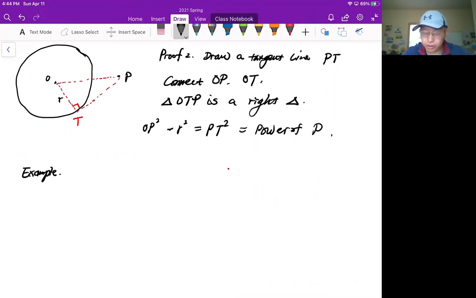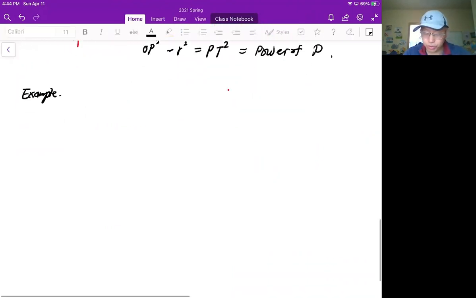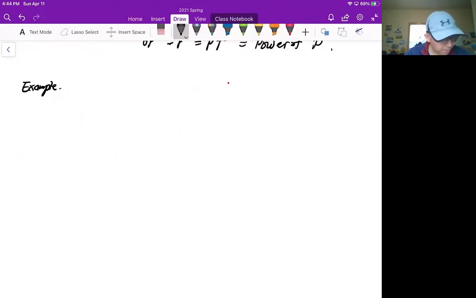Okay, I'm going to draw the picture. The picture is not easy to draw, so let's try my best. Get a circle, and then basically something like that.